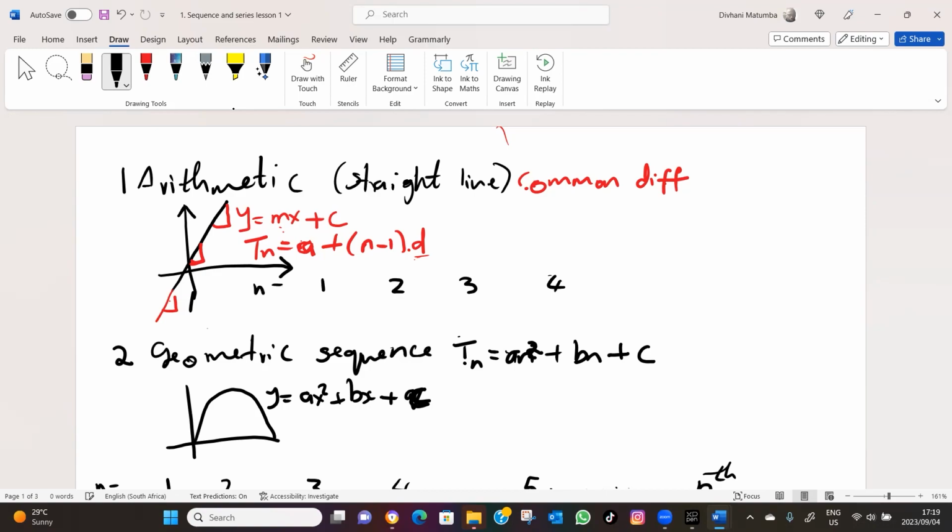If you substitute 1 into this equation, you're going to get a.